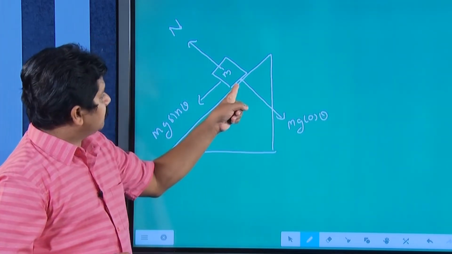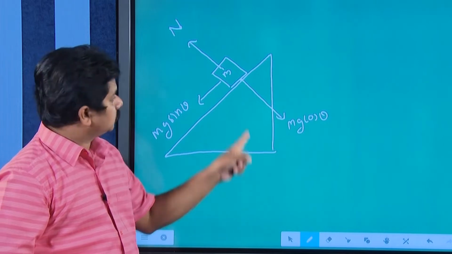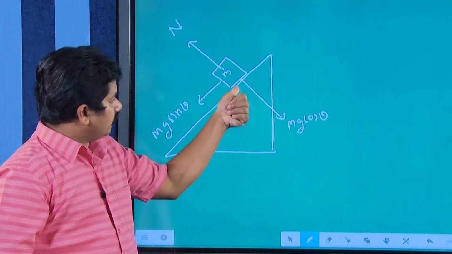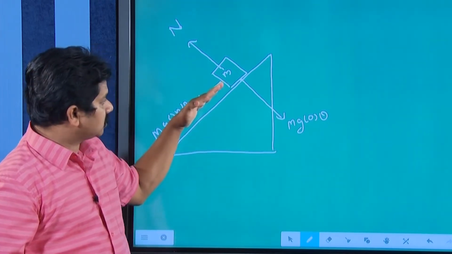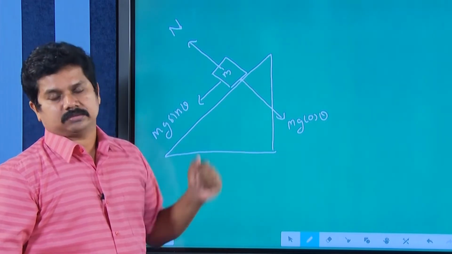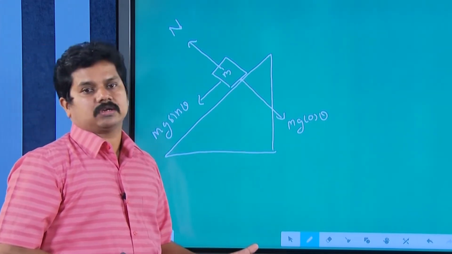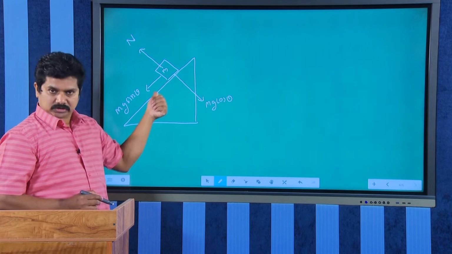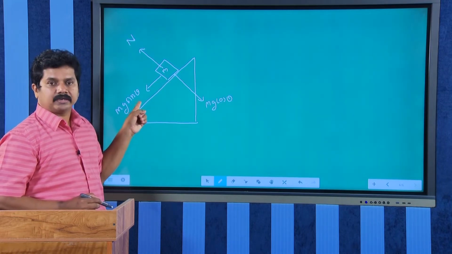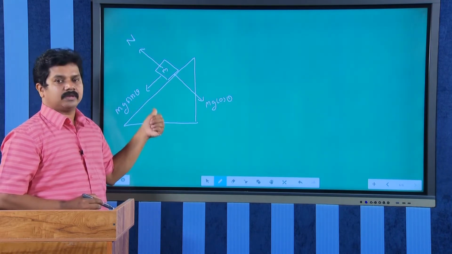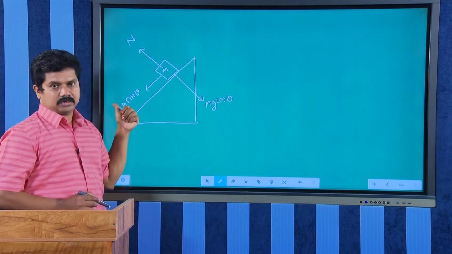So, mg was vertically downward. We have resolved that mg into along the plane and perpendicular to the plane. Now, what will happen to this block? There is a force downward, downward means along the plane. So, due to this force the block will slide down, right.